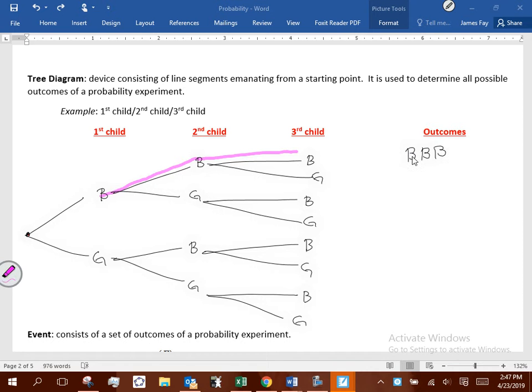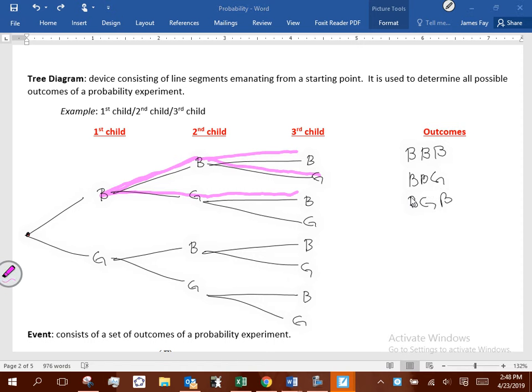We could have boy, boy, boy in our family, right? If I go back and go boy, boy to girl, right? So boy, boy to girl could be a second outcome.